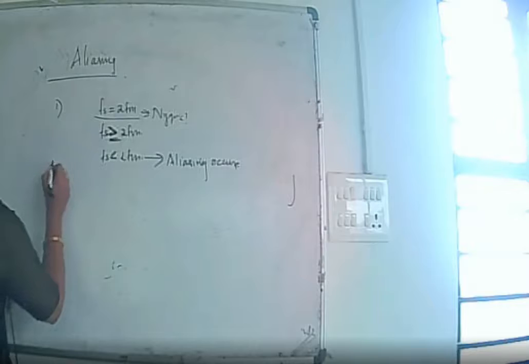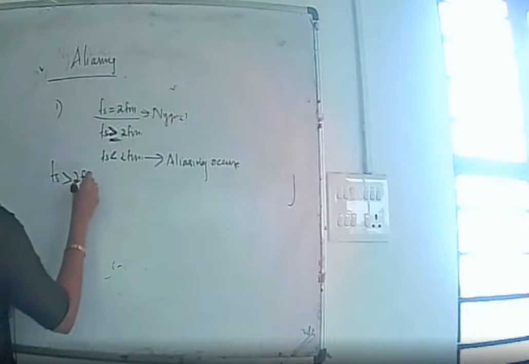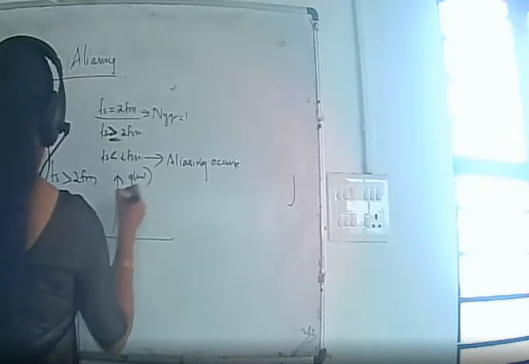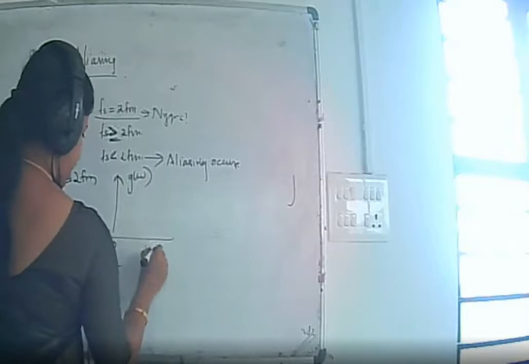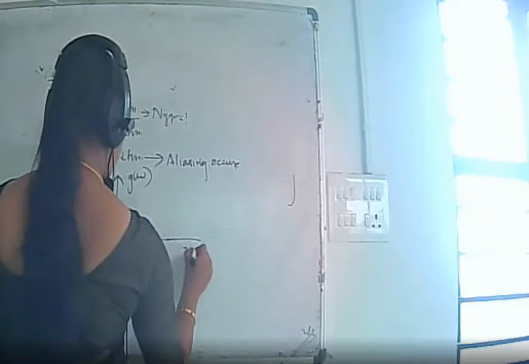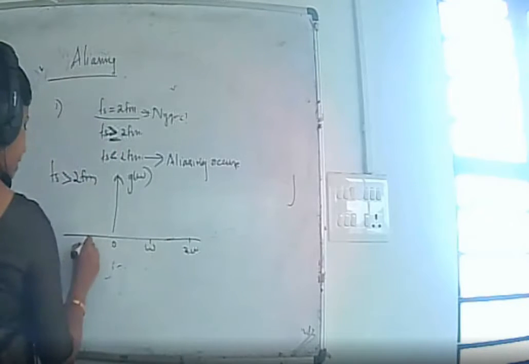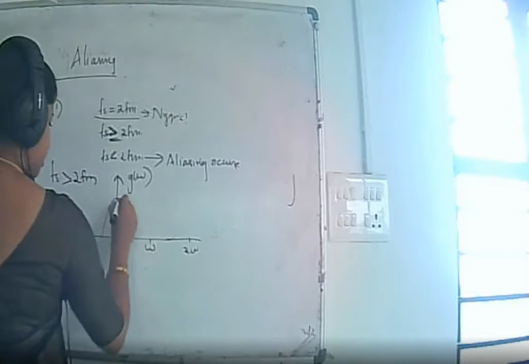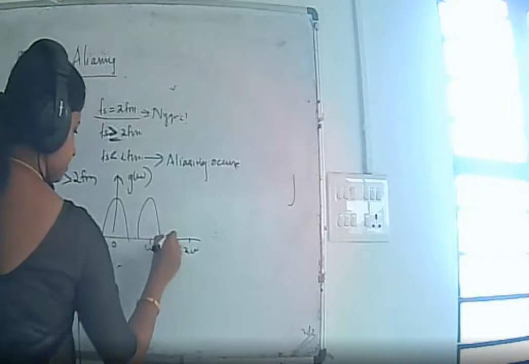The first case is when Fs is greater than 2 Fm. Then our G of omega will be nothing but like this, between minus 2 omega, 0 and 2 omega.